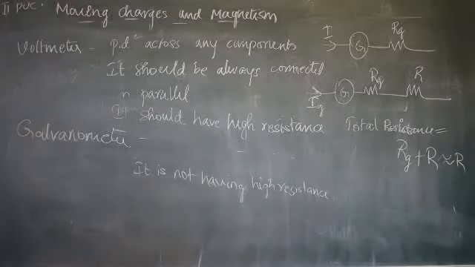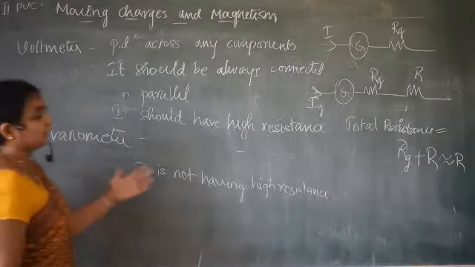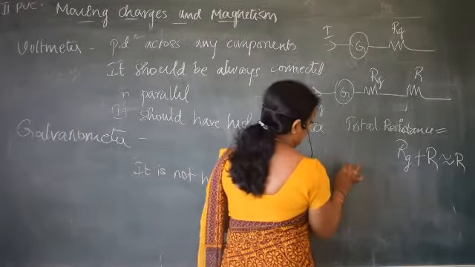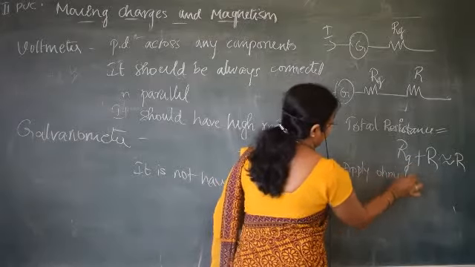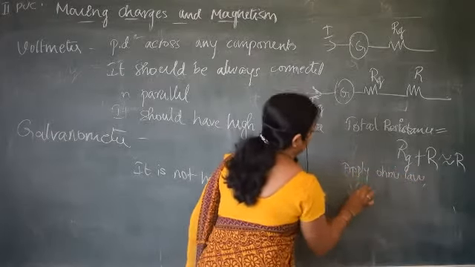Now let us apply Ohm's law. What do we get? V is equal to IR.